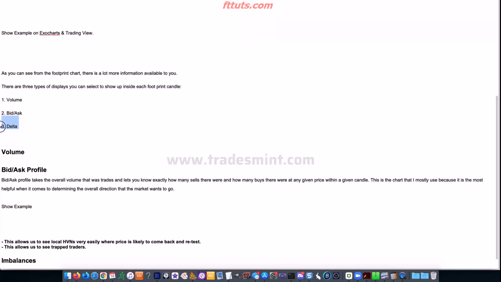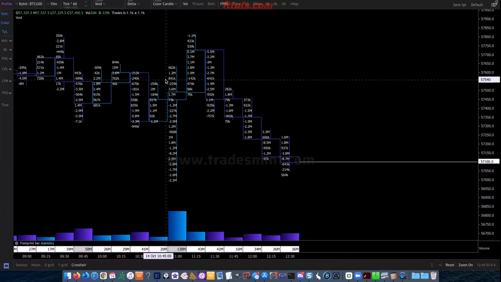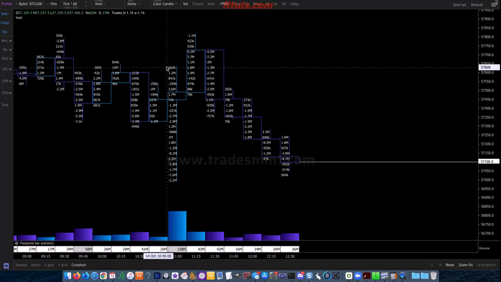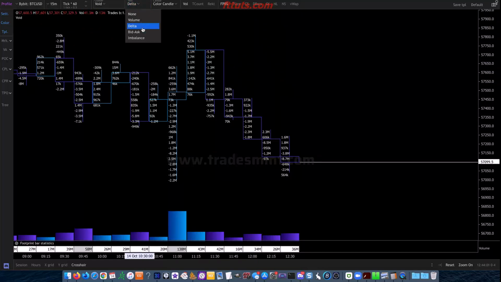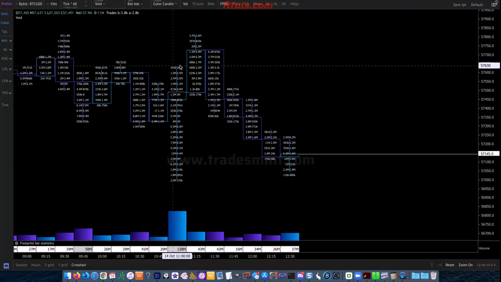We'll get more into delta in a future session, but delta is buys minus sells. If we go back to the bid-ask volume profile, we see we have 1 million buys and 300,000 sells.